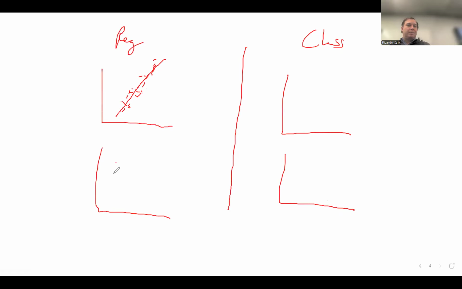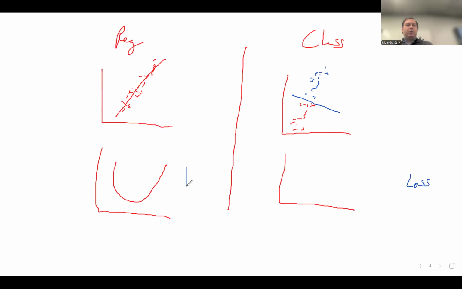Regression we know uses MSE, so it looks something like that for the simplest case. For classification, we have this notion that it's a class problem, so the line that separates it is like that. And what is the graph for the loss?